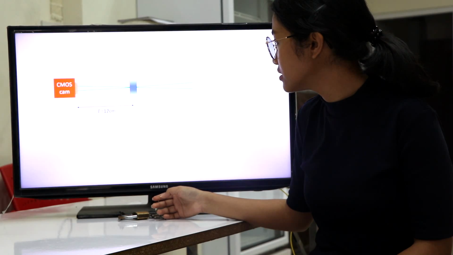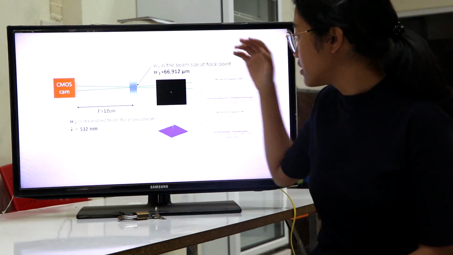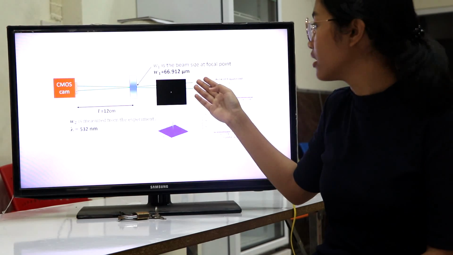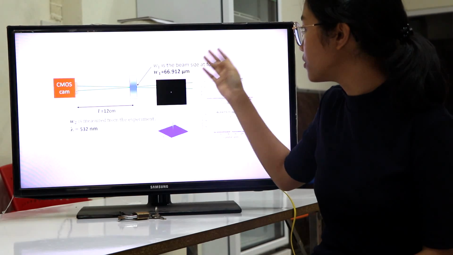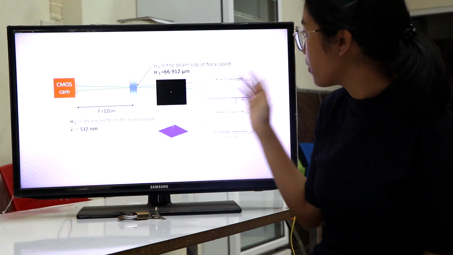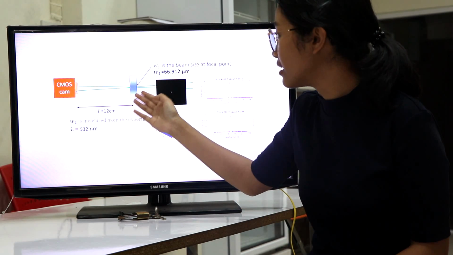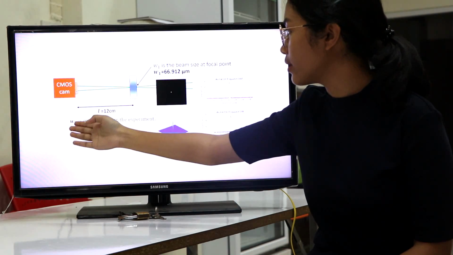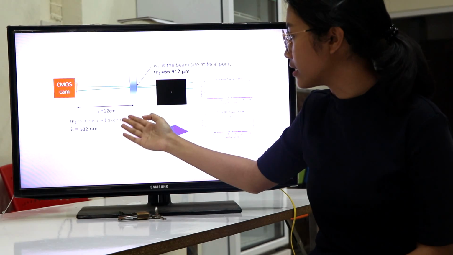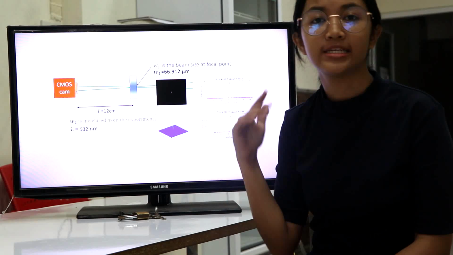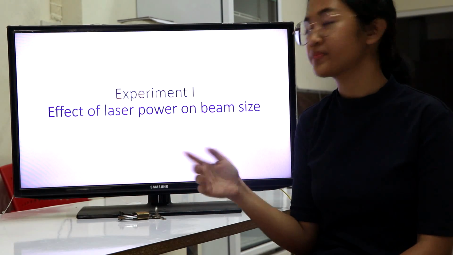W1 is the beam size at the focal point, and it is equal to 66.912 micrometers, and the distance between the sample and camera is 12 centimeters, and W2 is measured from our experiment. So let's see my experiment.